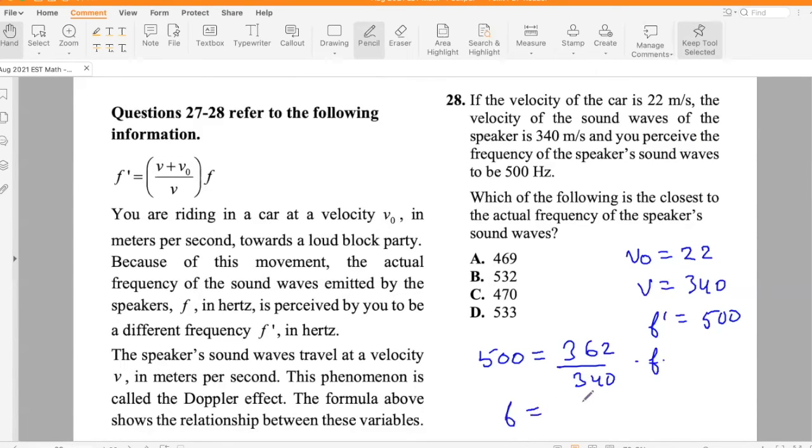So f is 500 into 340 by 362. So let's just plug that in. 340 divided by 362, multiplied by 500. So 470. Yeah, option C.